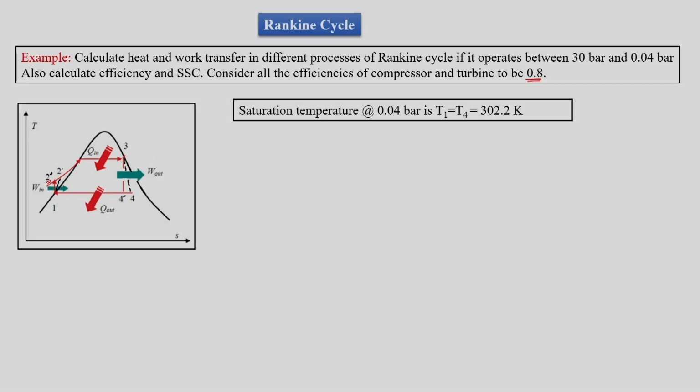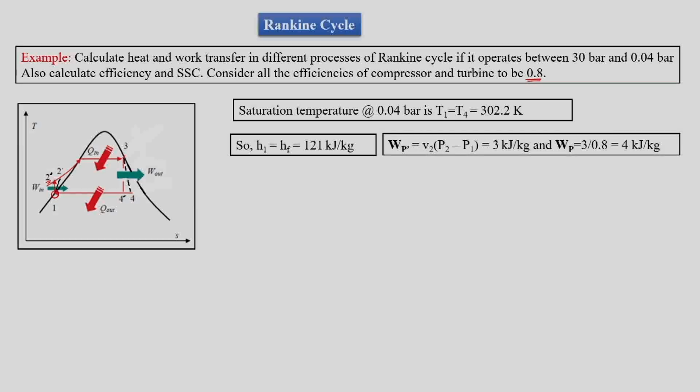We know the saturation temperature corresponding to 0.04 bar is 302.2 Kelvin. So, at point 1, T1 is known to us, T4 is known to us, and T4 dash is also known to us. H1 is equal to HF, which is 121 kilojoule per kg, given to us from the steam table. Then we can find the ideal pump work.